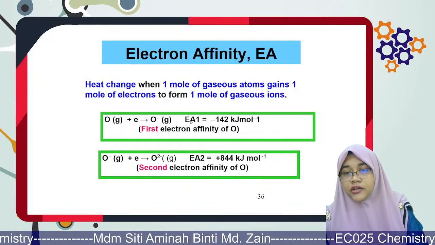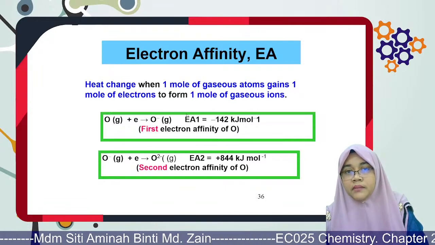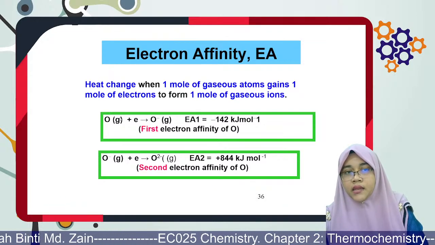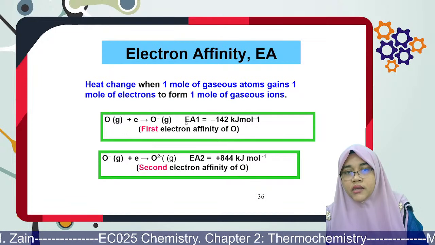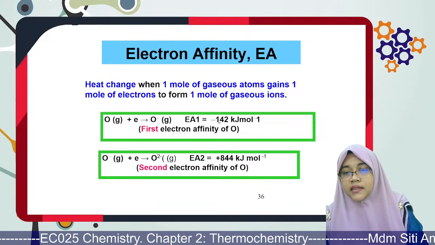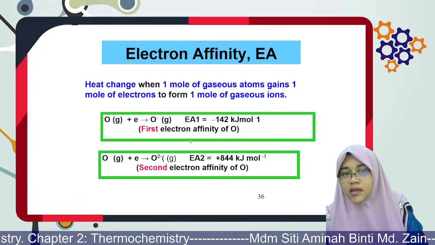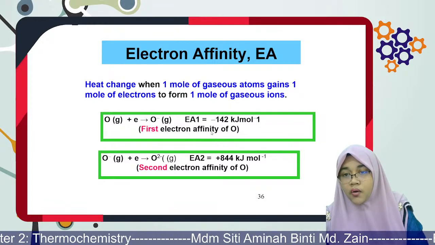So this is electron affinity because the electron is being added to the valence shell. Each 1 mole of gas when receiving 1 mole of electron releases negative 142 kilojoule. So this is the first electron affinity for oxygen.